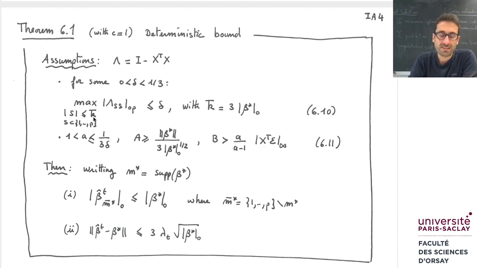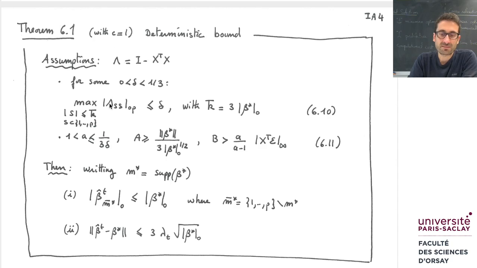More precisely, if you take any submatrix where you only keep some indices S of cardinality smaller than k bar, where k bar is 3 times the number of non-zero elements in beta star, then the operator norm of this submatrix must be smaller than delta, where delta is smaller than 1/3, right?